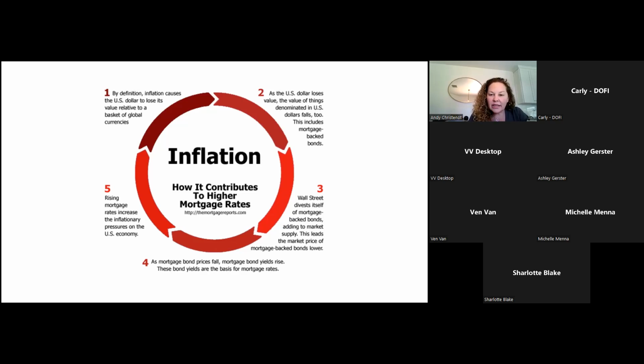Wall Street divests itself of mortgage-backed bonds, adding to the market supply. This leads the market price of mortgage-backed bonds lower. As mortgage bond prices fall, mortgage bond yields rise. These bond yields are the basis for mortgage rates. Rising mortgage rates increase the inflationary pressure on the US economy.